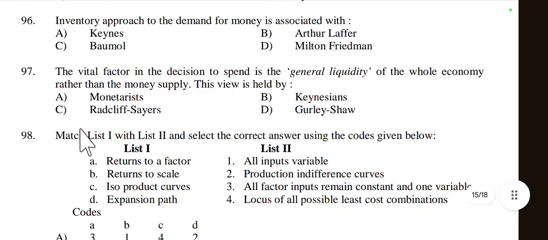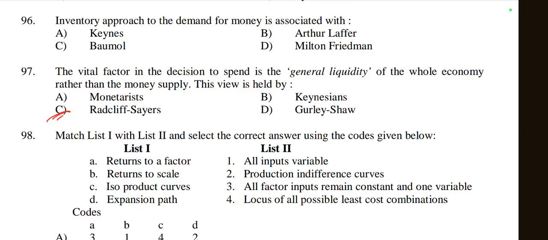Then question number 97. The vital factor in the decision to spend is the general liquidity of the whole economy rather than the money supply. This view is held by monetarists, Keynesians, and others. It is related with this last group because they proposed that the overall liquidity in the economy is crucial for understanding the spending decisions of consumers and businesses.